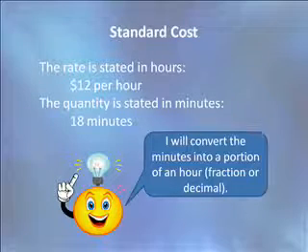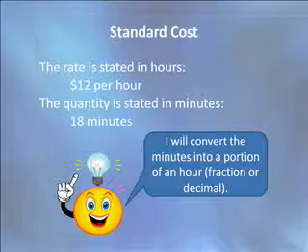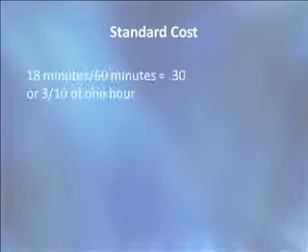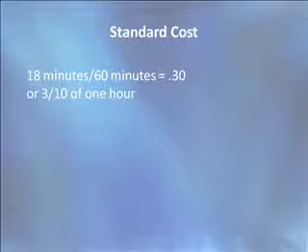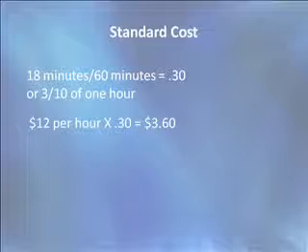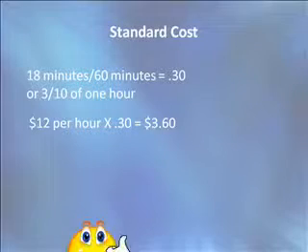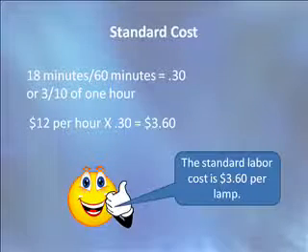I'll convert the minutes into a portion of an hour, a fraction, or a decimal. 18 minutes divided by 60 minutes in an hour is 0.3, or 3/10 of 1 hour. The $12 per hour multiplied by 0.3 equals $3.60. The standard labor cost is $3.60 per lamp.